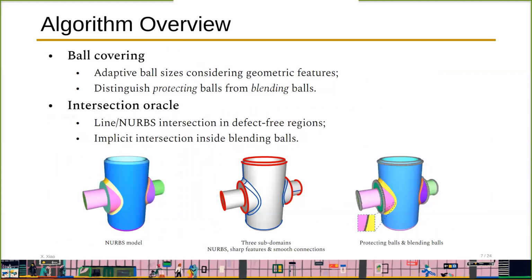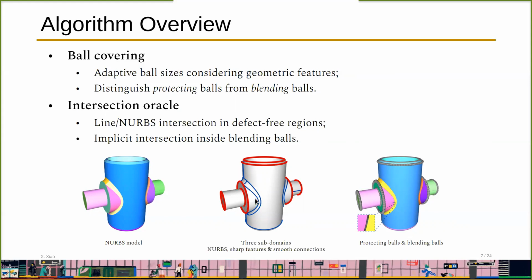This is an overview of our algorithm. We first cover all the surface boundaries with balls. The ball sizes are adaptive to the surrounding geometric features. Sharp features and smooth surface connections are treated differently, so we actually divide the whole model into three subdomains. Sharp features are covered with protecting balls, so they will be preserved in the final mesh.